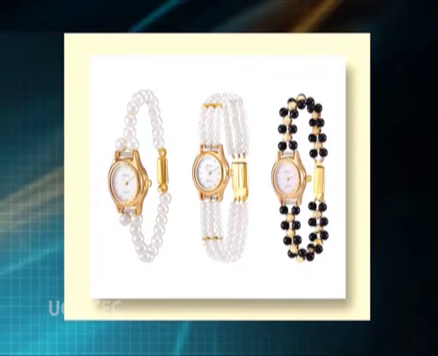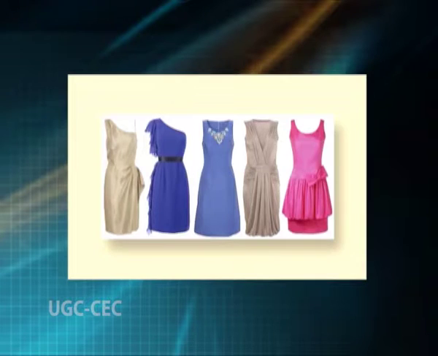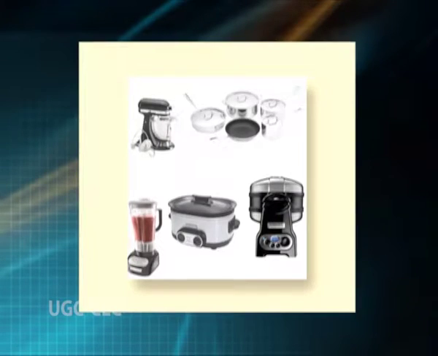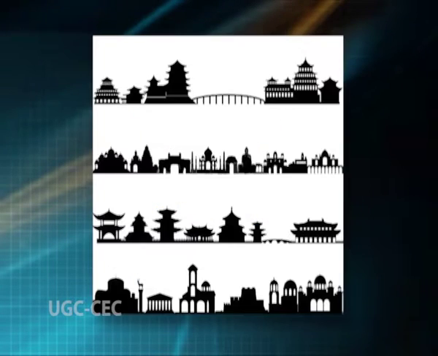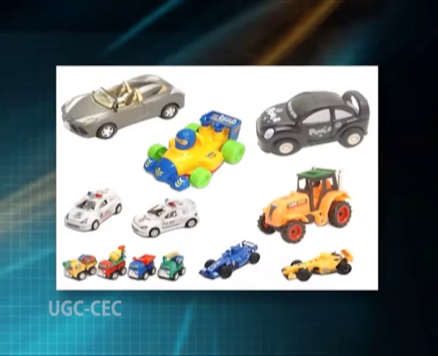Industrial designs are applied to a wide variety of products of industry or handicraft, such as watches, jewelry, fashion and other luxury items, industrial and medical implements, houseware, furniture, electrical appliances, vehicles and architectural structures, textile designs, toys, etc.